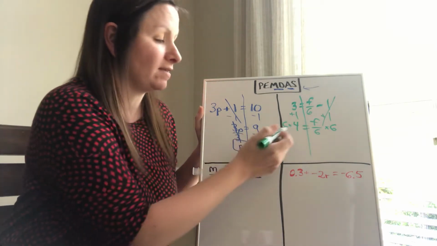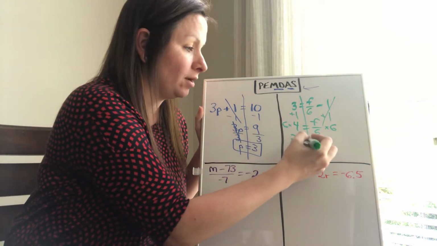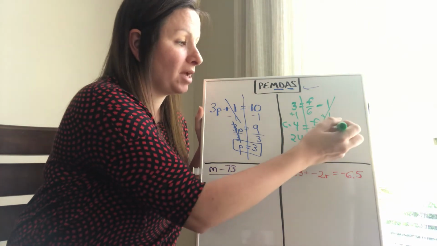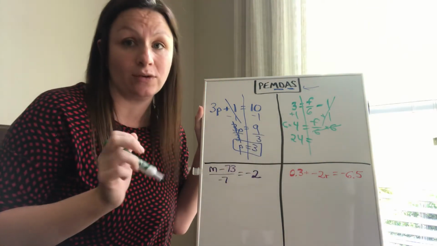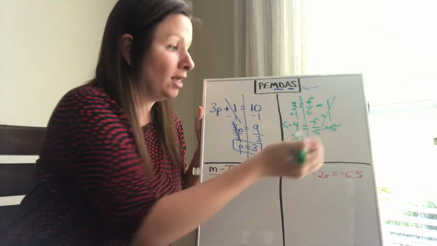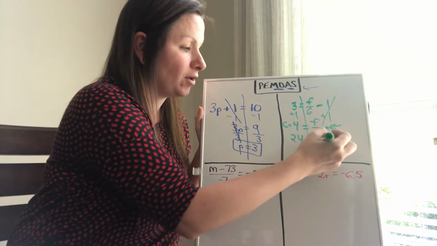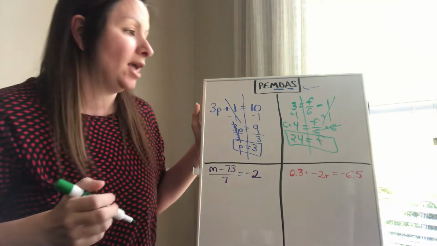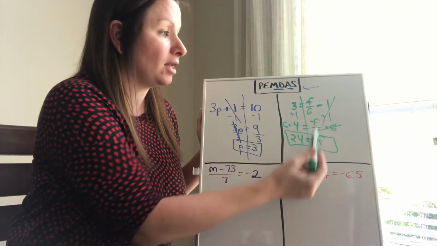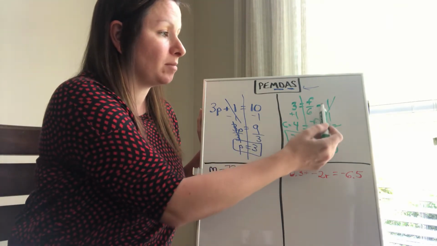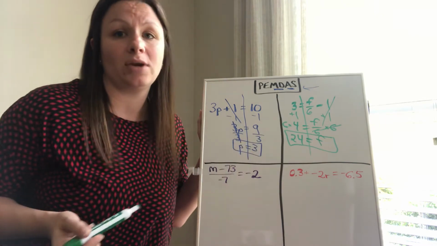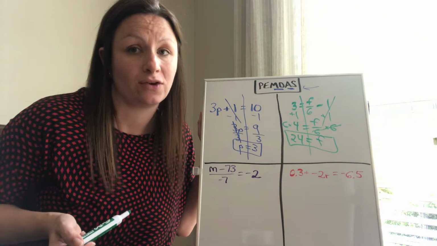All right, 6 times 4 gives us 24. And when you multiply and divide by the same value, that cancels because 6 divided by 6 is 1. And here we just have f, the variable, equals 24. And again, if we entered in our calculator 24 divided by 6 minus 1, it would give us 3, and that's how we would know that our answer is correct.